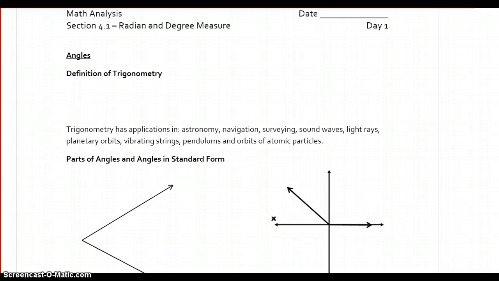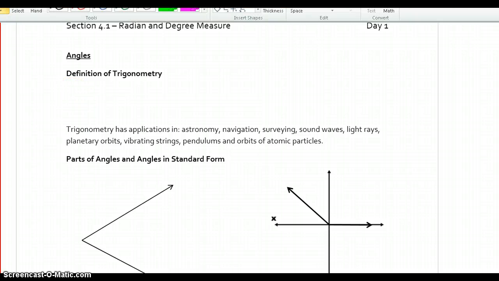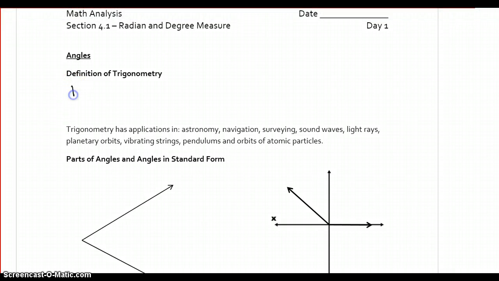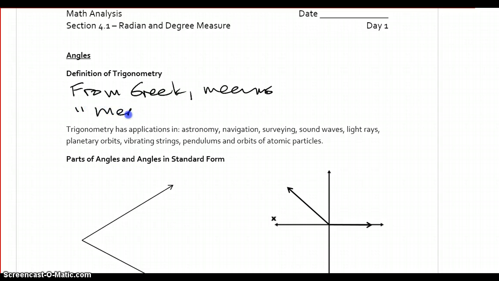We've got a loose definition for trigonometry. From Greek, the loose definition here is that it means measurement of triangles.